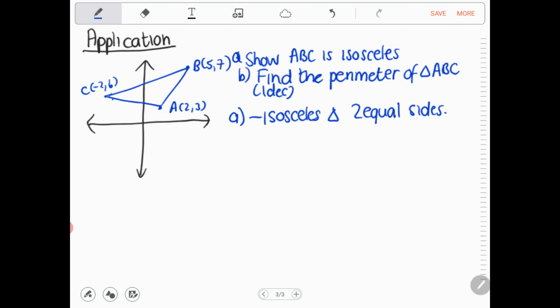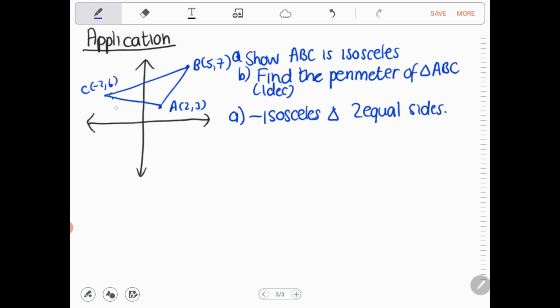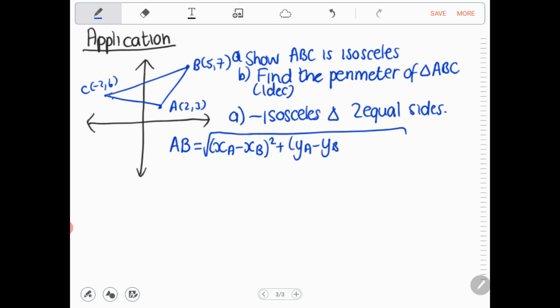Okay, so you might be lucky, you might hit the right two the first time, or you might have to find all three sides and then see which two are equal to each other. Okay, I'm going to find AB first. Okay, so I'm finding the length of AB. So this is going to be the x at A minus x at B squared plus the y at A minus the y at B squared.